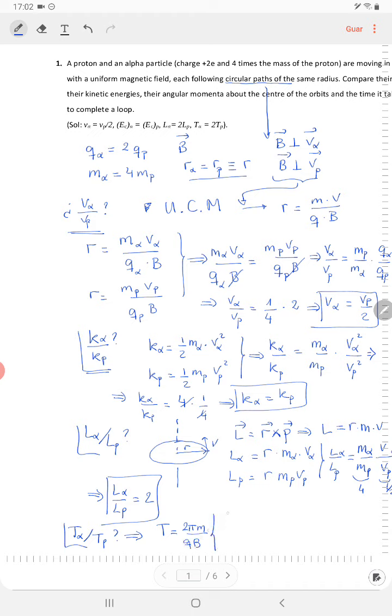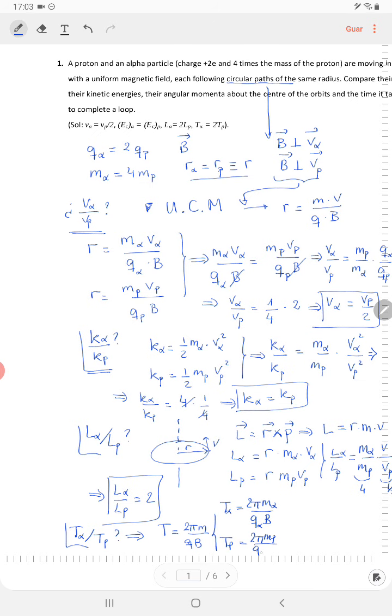Applied to the alpha, it is 2 pi m alpha divided by Q alpha B, and T proton is 2 pi times its mass divided by the charge of the proton times B. Dividing both, the ratio is equal to the ratio between masses, which is 4, divided by the ratio between the charges, which is 2. So this is equal to 2.